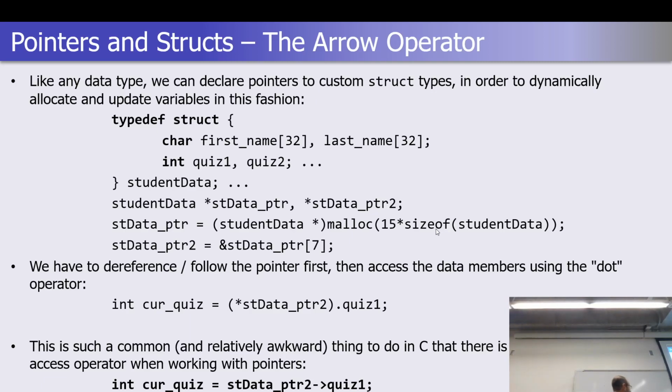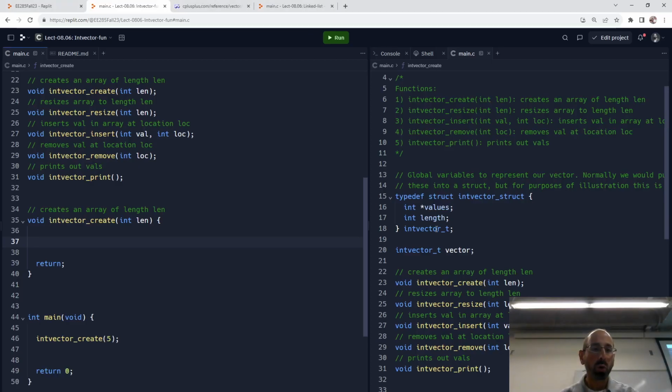It takes as input a number of bytes we want to allocate, which usually we're providing as a formula, right? Give me 15 of these things. That's the formula we're providing it. And it returns a pointer. It returns an address in memory stored in a variable that we want to update a pointer for. What is the name of the pointer that we want to update for our vector? What is it called?